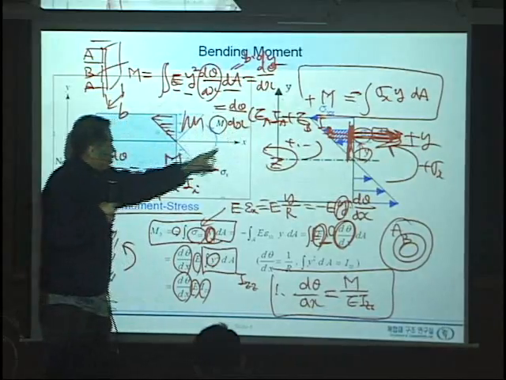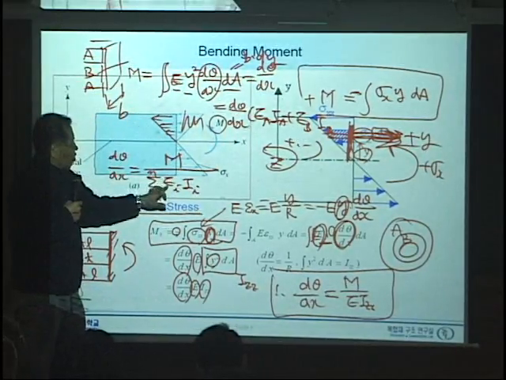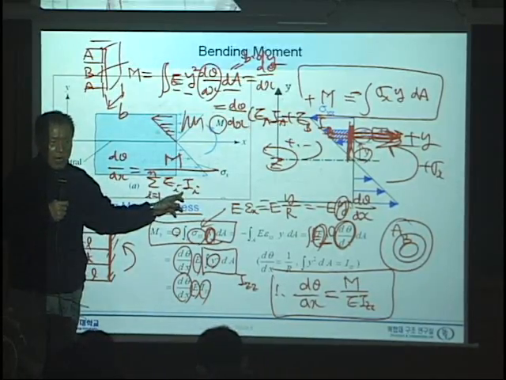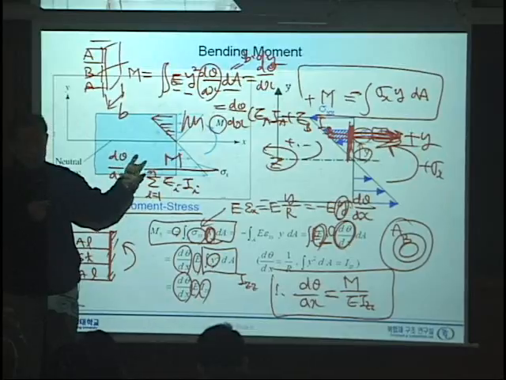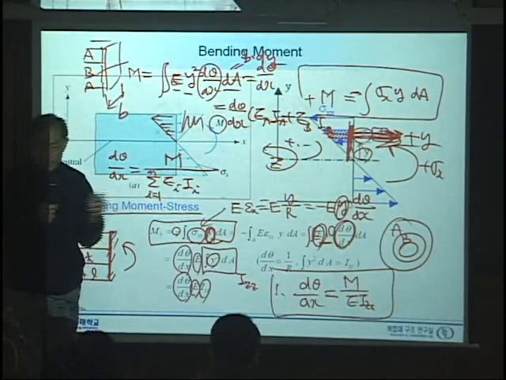So d theta dx will be the moment divided by the summation of material property E times I, where I is the moment of inertia for each layer. This is the equation.